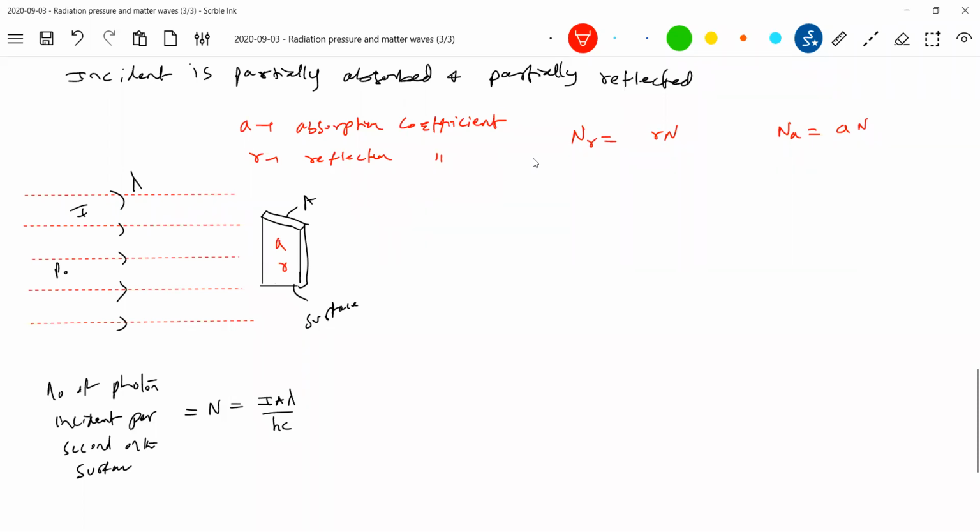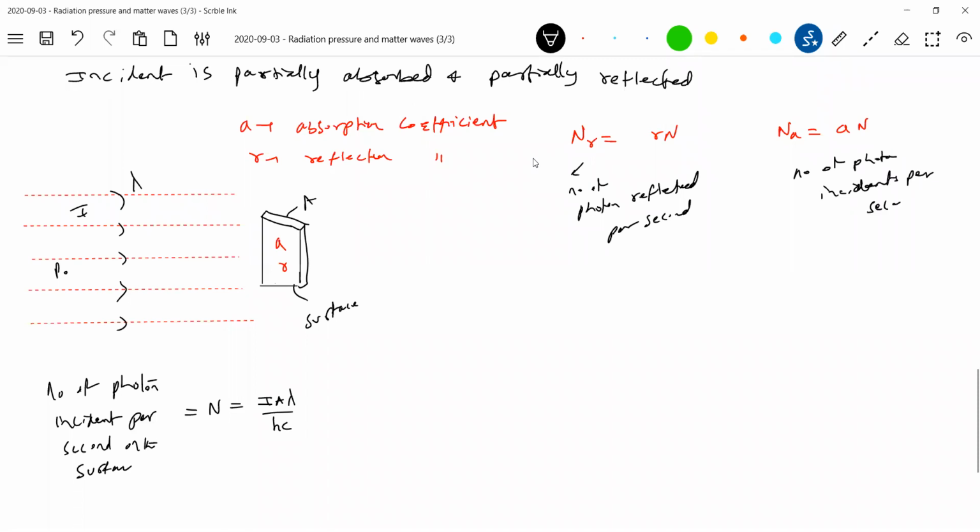Now, due to these two sets of photons, a force will be acting here. What is the change in momentum when a photon is reflected? 2h by lambda. Is it okay, n_r, the number of photons reflected per second, and n_a, the number of photons absorbed per second?